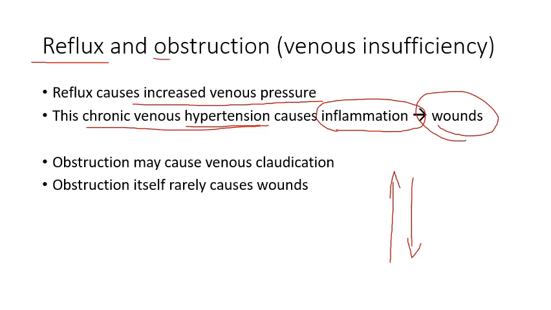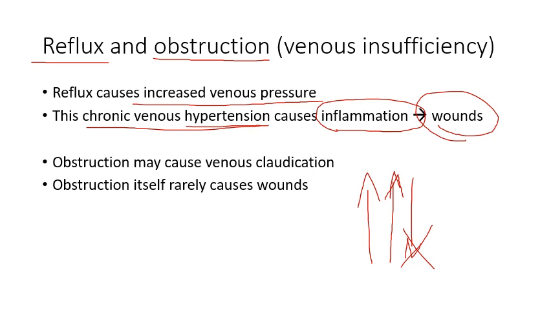The second term is obstruction. Obstruction means that the deep vein, due to the scar tissue, is now closed off or really narrow. So the blood is not going to fall down. The blood is still going to move up in the vein if the valves are working, but it's going to be really resistant to blood flow towards the heart.